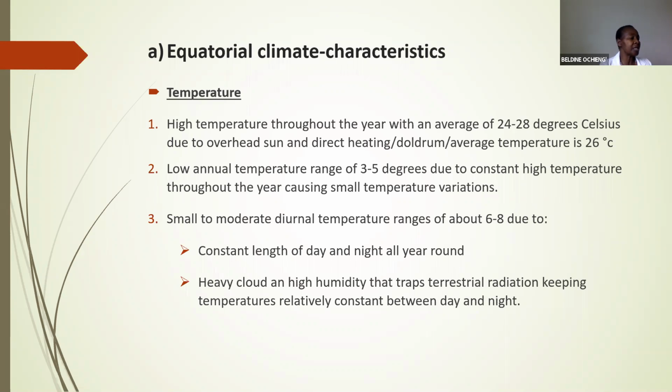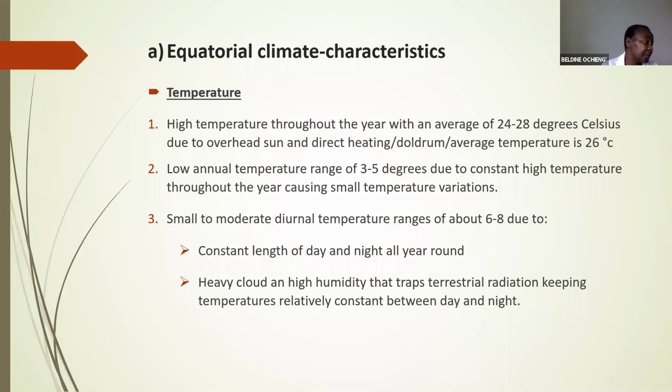Small to moderate diurnal temperature range of about 6 to 8. 6 is still under small, but 8 has started the moderate. So there's no way we can go for moderate alone. There's no way we can go for small alone. They must tally. Therefore, we need to have the descriptive terms in our minds completely.